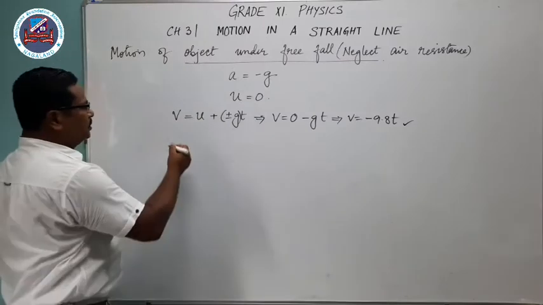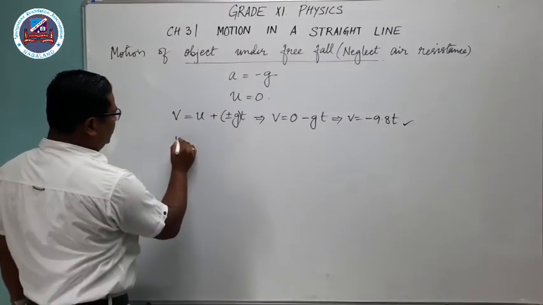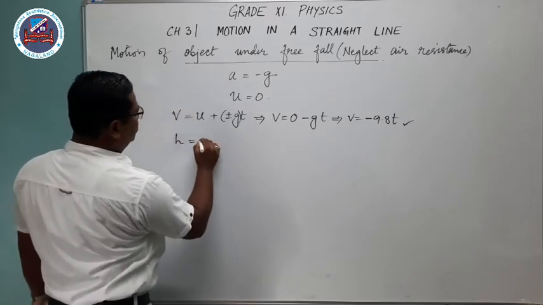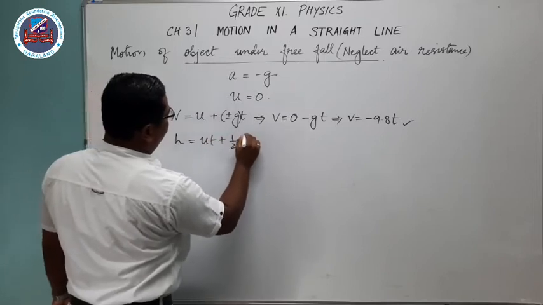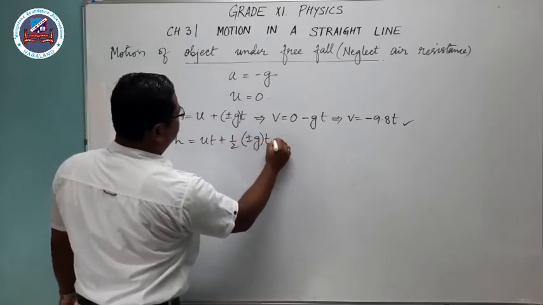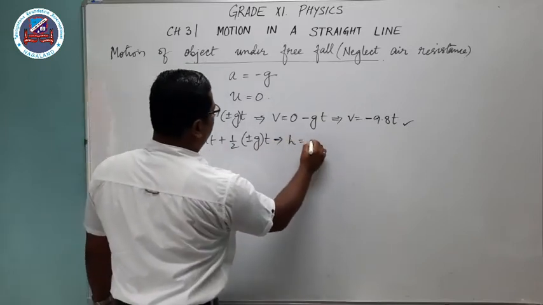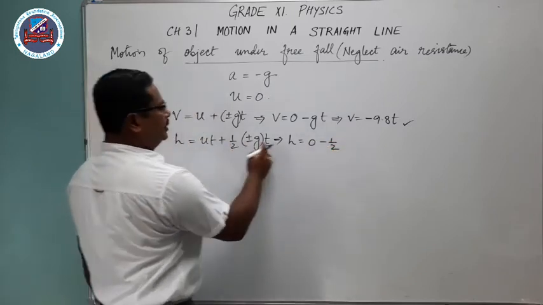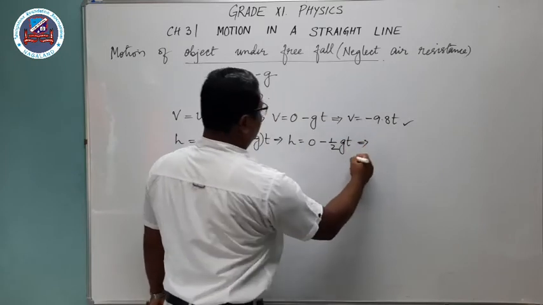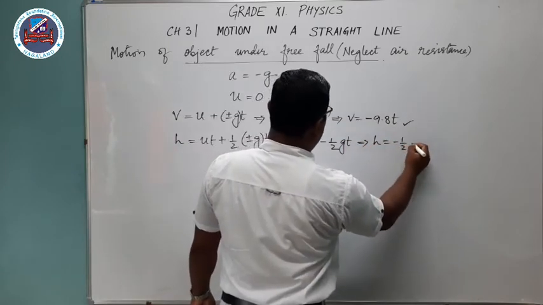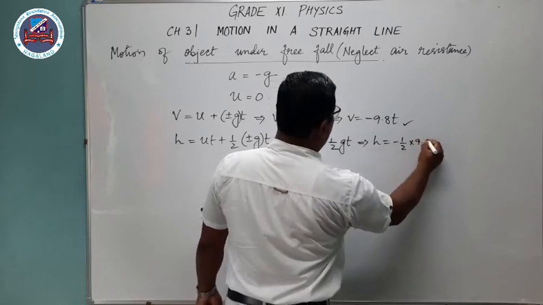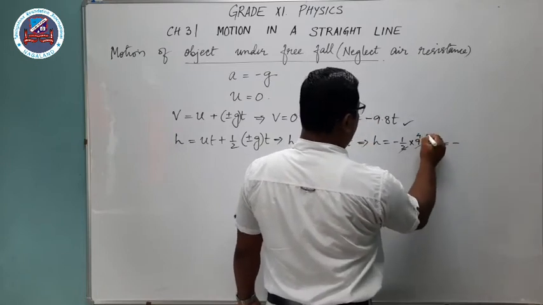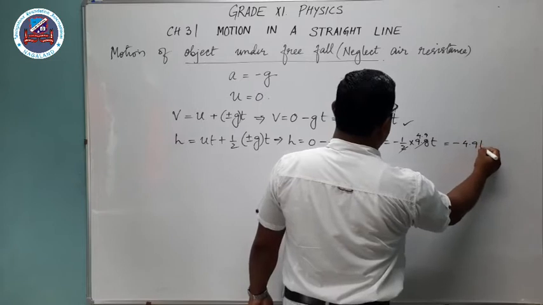Now the second equation of motion will look like this: the height h is equal to ut plus half of plus or minus g t square. With u equal to 0 and the body coming down, it becomes h is equal to minus half of g t square, so h is equal to minus half of 9.8 t square, which is minus 4.9 t square.